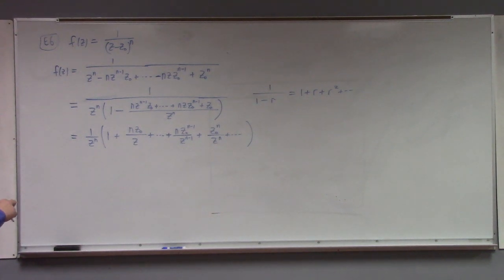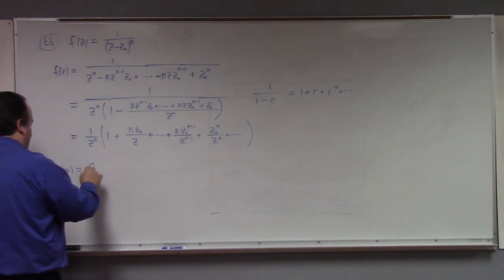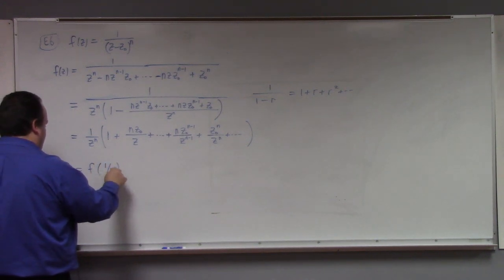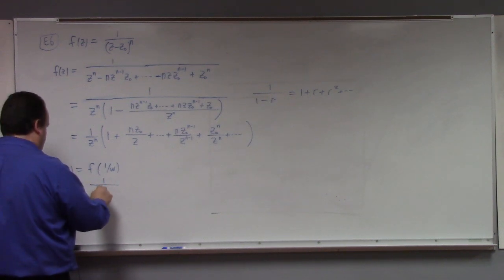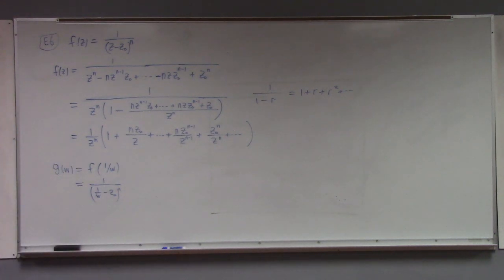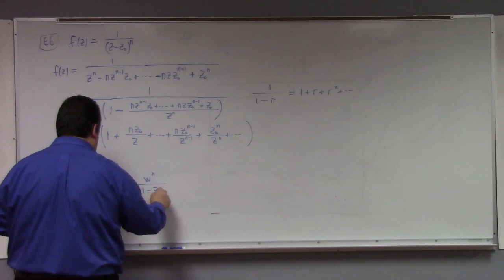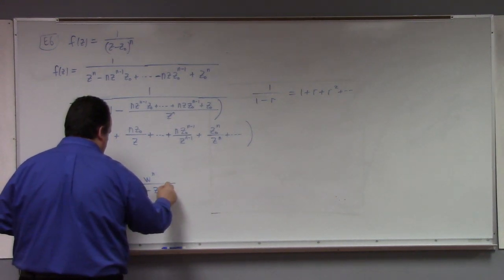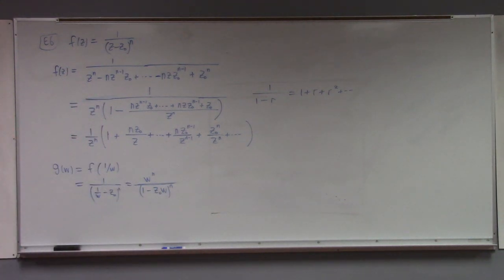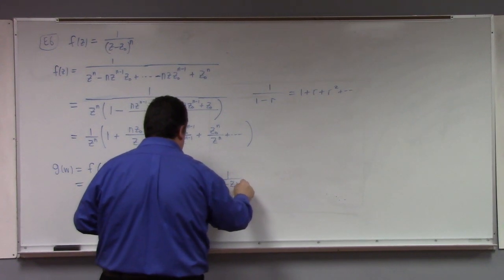Although I do wonder if it's actually pretty easy just to go back to the basic definition and show it directly. Like g of w, f of 1 over w, right? So you have 1 over w minus z naught to the power n, which you could rewrite as w to the n over 1 minus z naught times w to the n, which you could just rewrite as w to the n times 1 over 1 minus z naught w to the n.